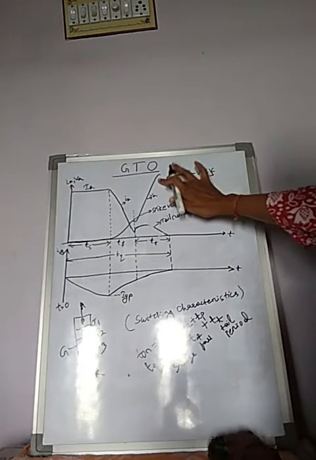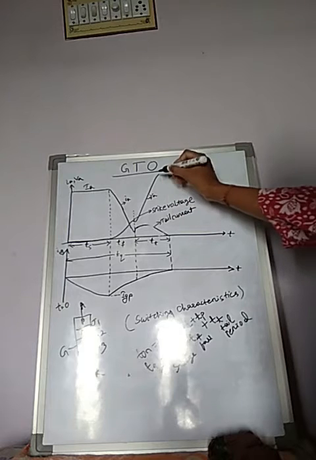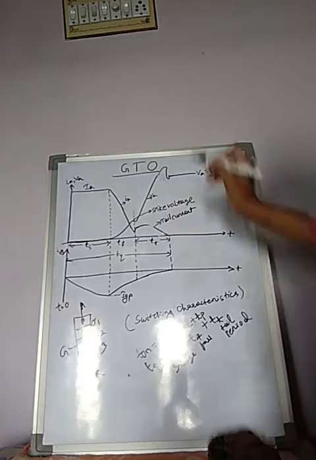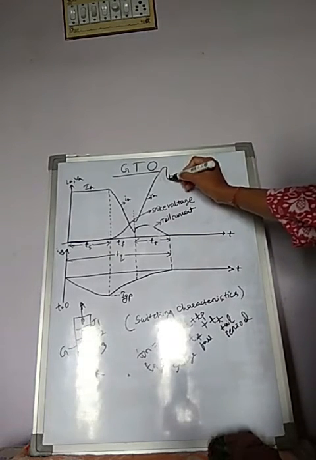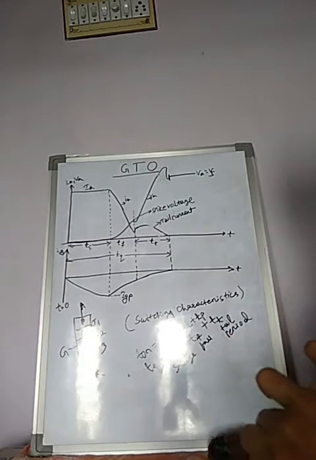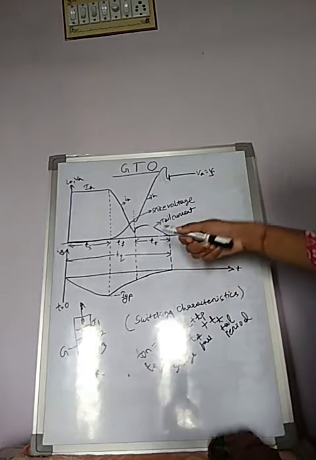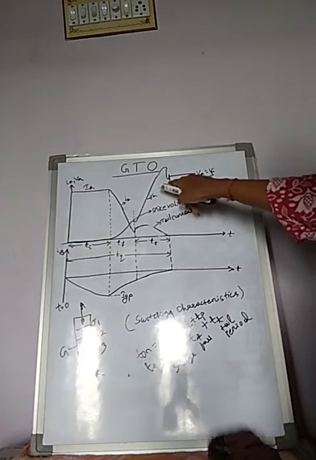So I can draw it like this. So after this tt, anode current reaches zero, and anode voltage undergoes a transient overshoot.